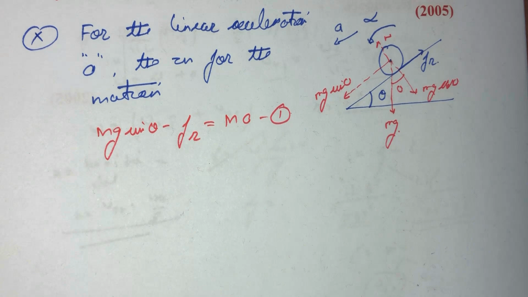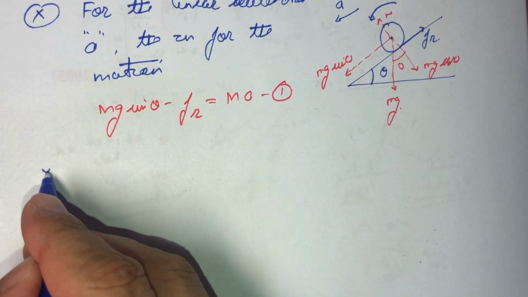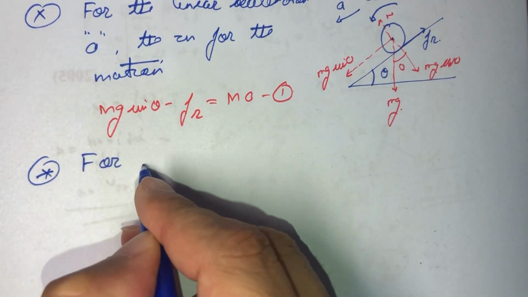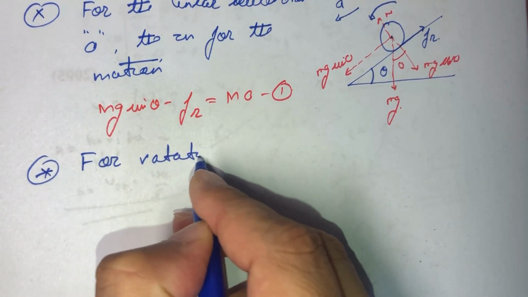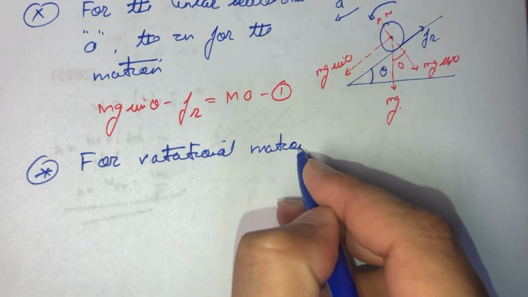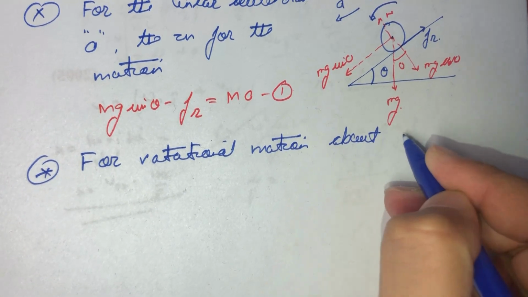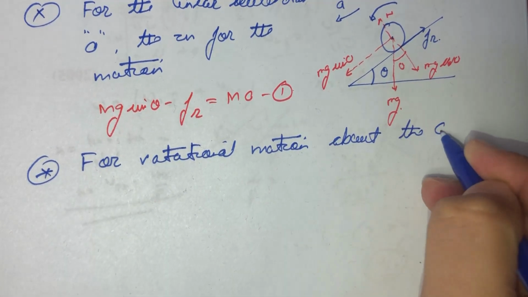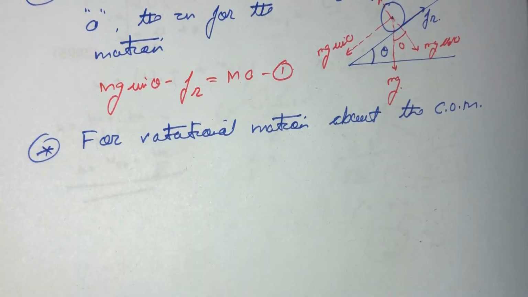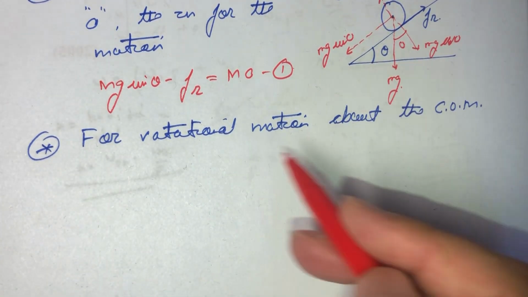Now it is said that there will be a pure rolling motion without any slipping. So therefore we can say for rotational motion about the center of mass, the torque caused by the frictional force will be producing the angular acceleration.